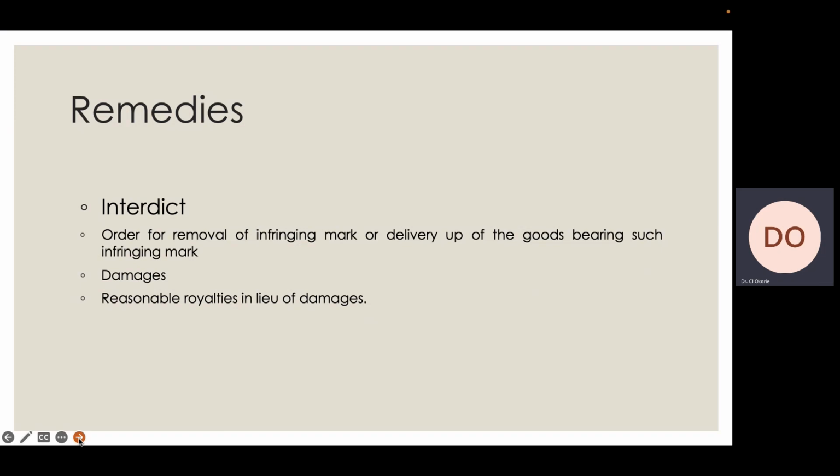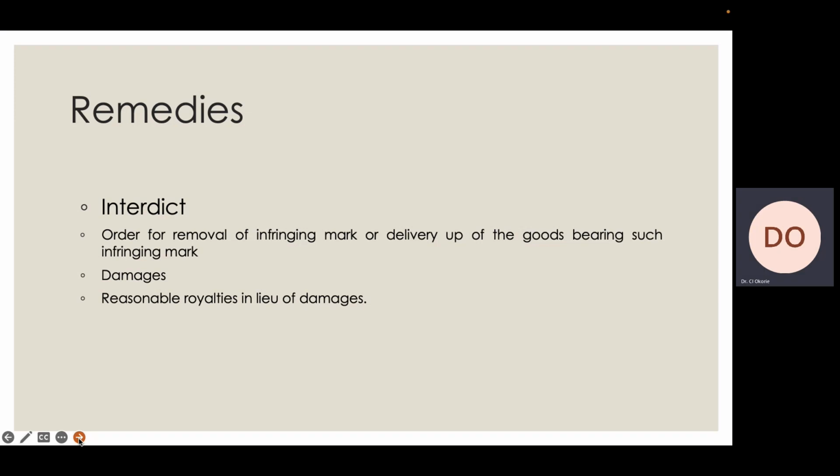And the court could oblige the trademark owner with that order. Or where it's not possible to remove the infringing mark from the goods, like in a case where it's part and parcel of the goods that removing it will maybe destroy the goods, they will just say, deliver up the goods bearing such infringing marks, send it to the trademark proprietor to do whatever they want to do with it, which is usually to destroy them.